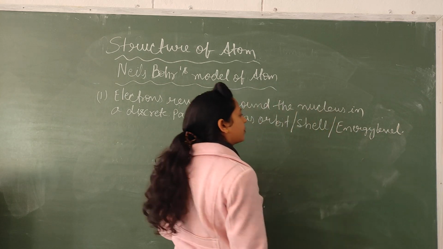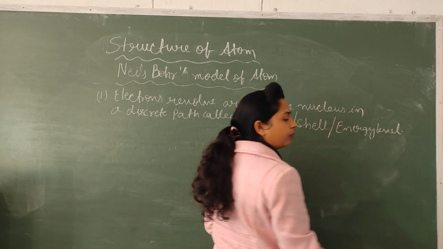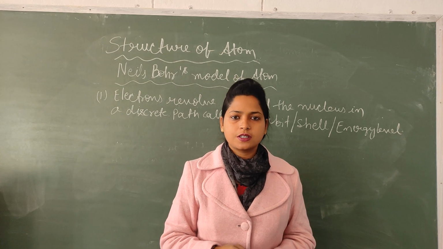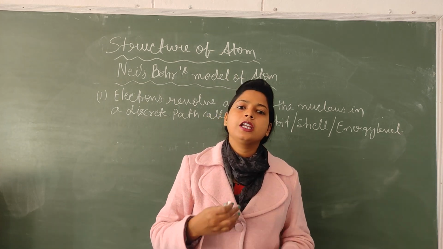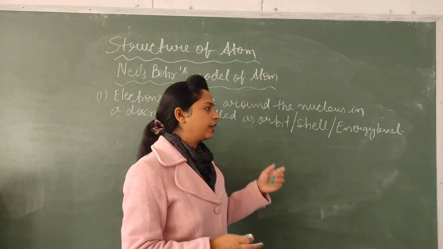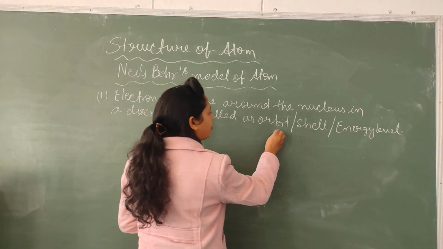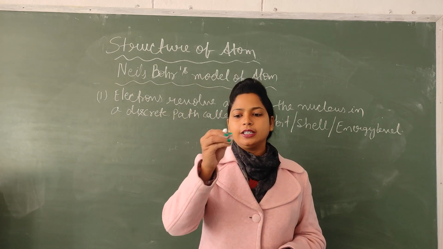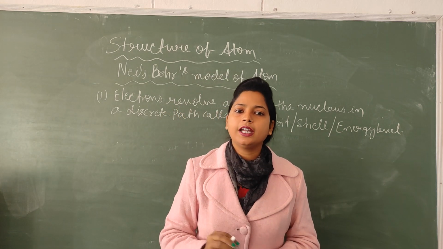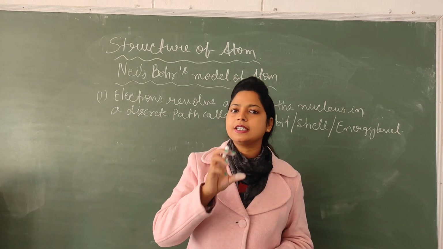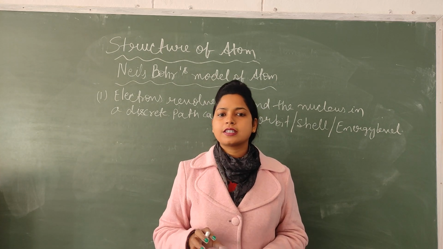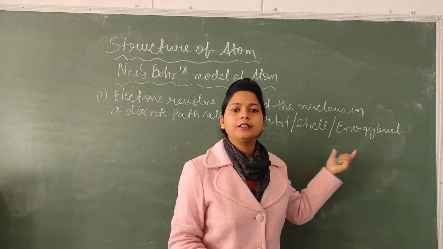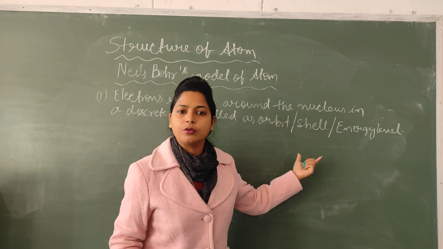So this is the first postulate of Neils Bohr, that is, electron does revolve around the nucleus because it is negatively charged, but it revolves in a discrete path and these paths are called orbit, shell or energy level. हर इलेक्ट्रॉन न्यूक्लियस के चारों तरफ घूमता है और जिस रास्ते में वो घूमता है वो कुछ खास एनर्जी वाला होगा, और ये जो रास्ता है उसको हम ऑर्बिट, शेल या एनर्जी लेवल बोलते हैं. This is the first postulate of Neils Bohr.